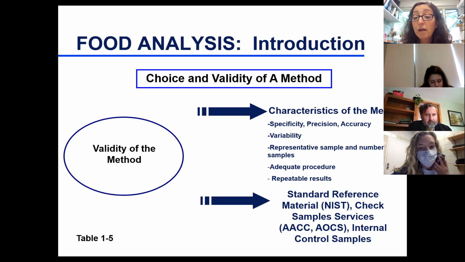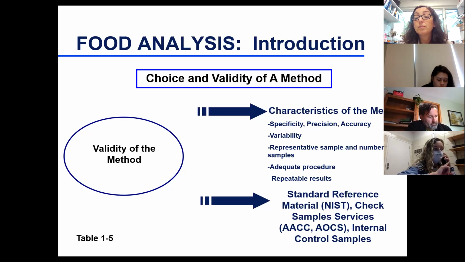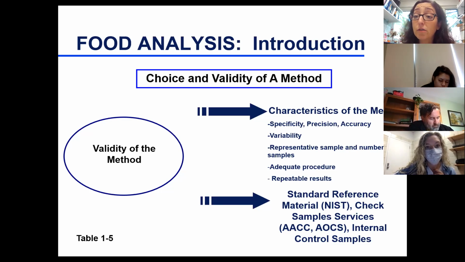Also, you can have check sample services, where some organizations like the American Oil Chemists' Society, and the American Association of Cereal Chemists, which is now called Cereals and Grains, offer you check samples. They give you standards and tell you to analyze them and send the data, and then they will interpret the data for you and assess the validity of your method.